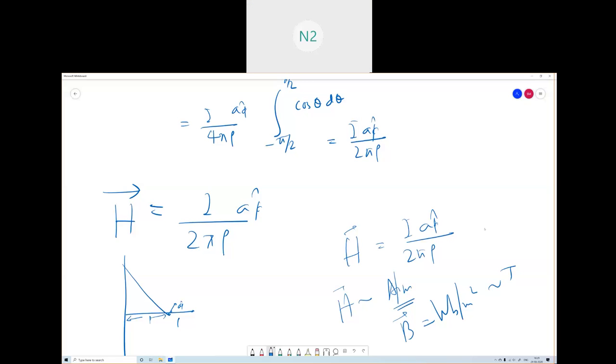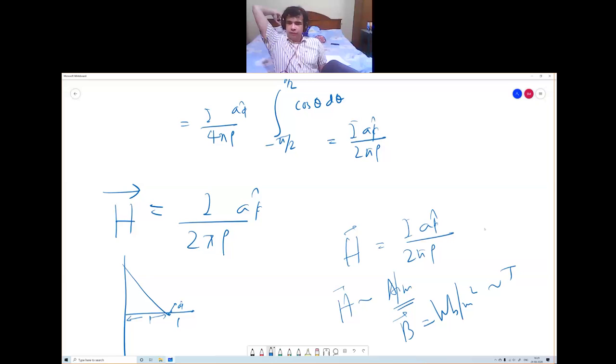H is called the magnetic field intensity.